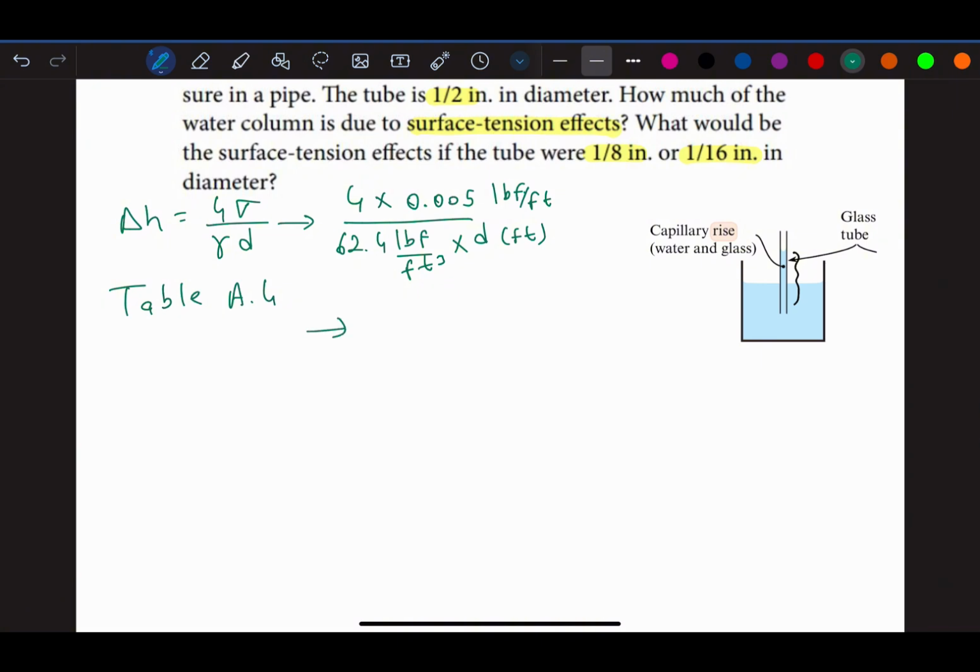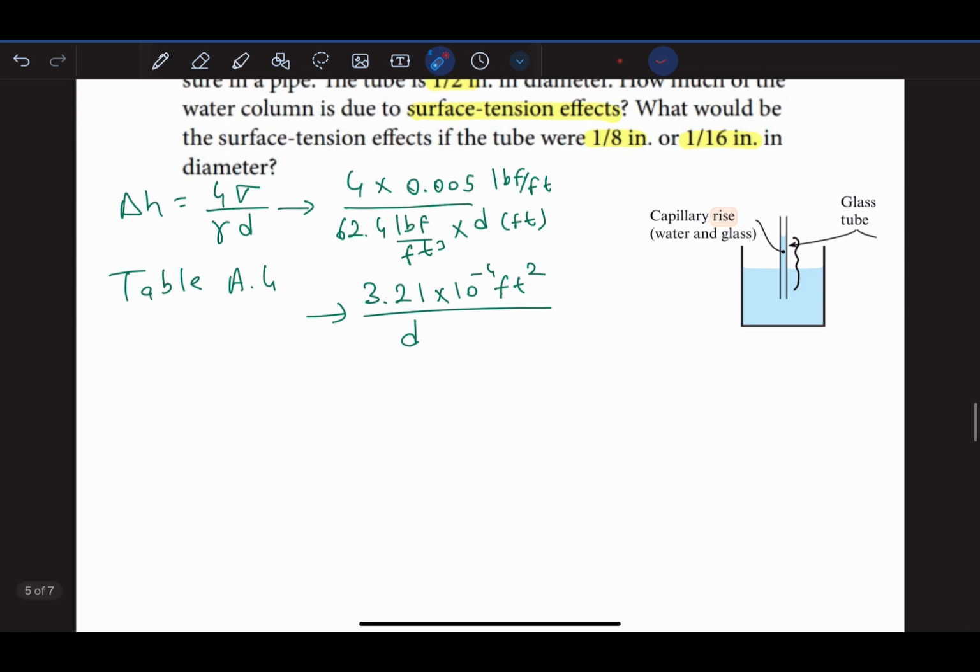This gives 3.21 times 10 to the power of -4 square feet over d. We are going to replace these values to find the effect of surface tension in each tube.